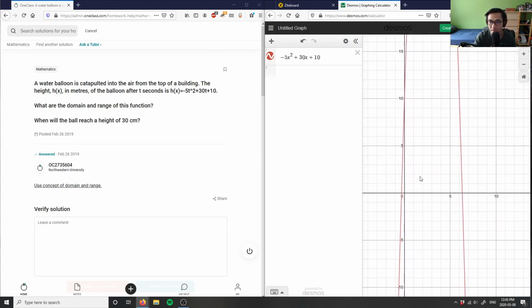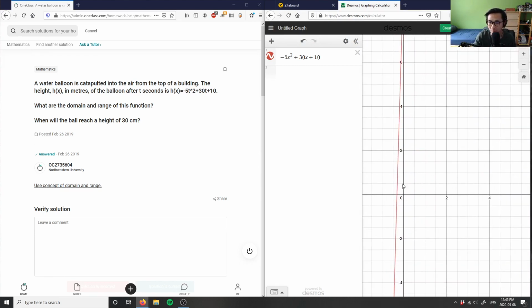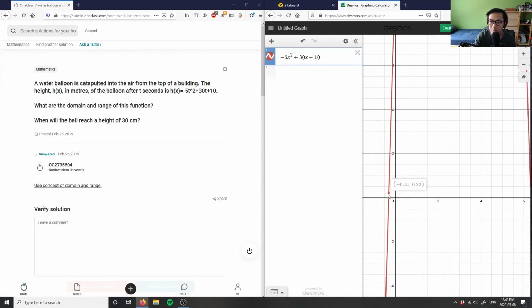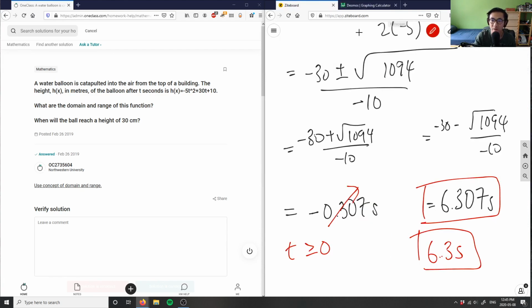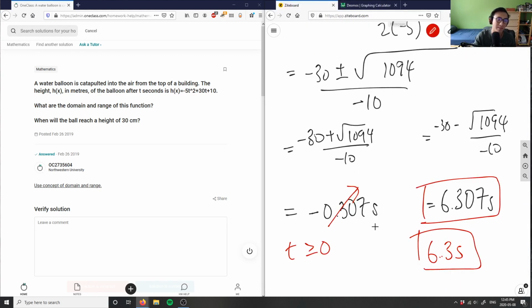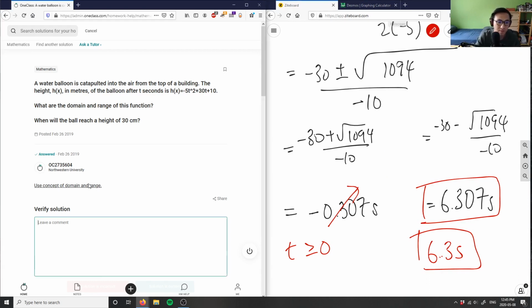So I'm looking at where this graph is at 0.3. 0.3 would be either at this point here, which was the negative 0.37, or it would be all the way here. 0.3 would be about here, at 6.37, which is about 6.3 seconds. So this solution obviously is incorrect. They didn't show me any work here.